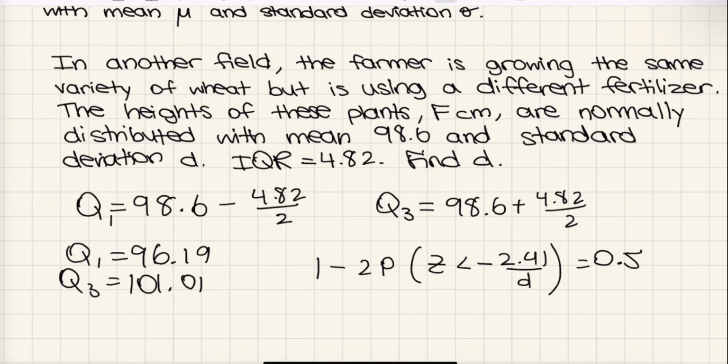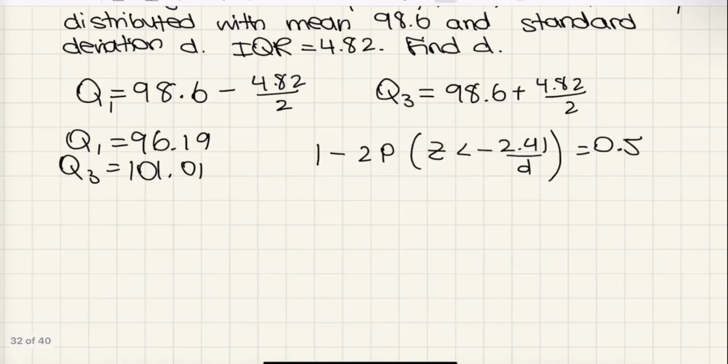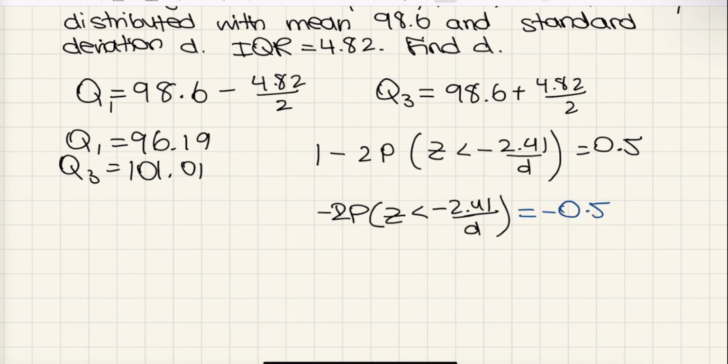Well, in this case, we can start by subtracting 1 from both sides and then dividing by 2. So if we subtract 1 from both sides, we get negative 2 times P(Z less than negative 2.41 over D) is equal to negative 0.5. We divide by negative 2, and we get 0.25.